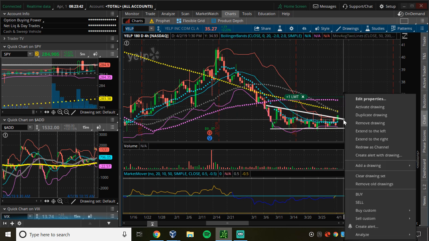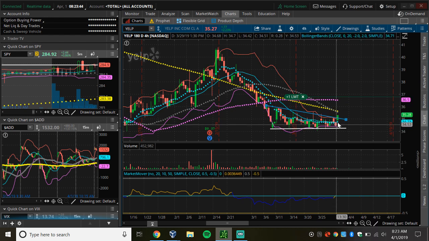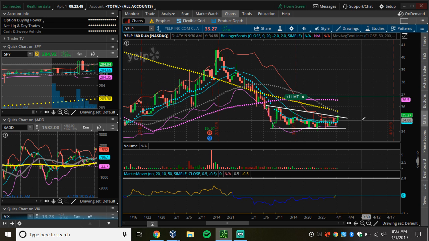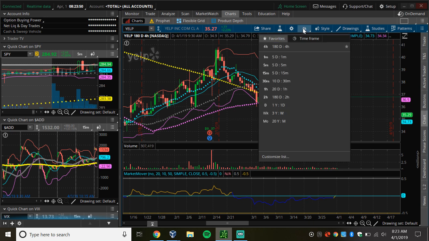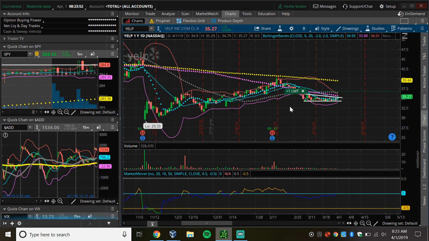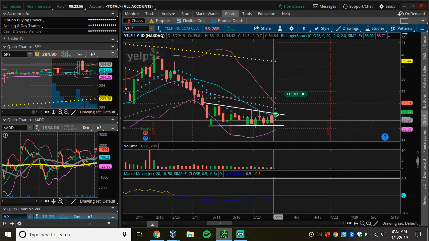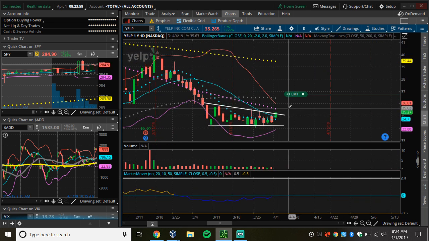So what I do sometimes is I adjust it to the wicks just to see if it's still a breakout, and it still does look like a breakout. So we were short this pattern, but if you want to go long, there's about 40 possible cents till we hit some pretty serious resistance. So 40, 50 cents coming in for Yelp could be possible.